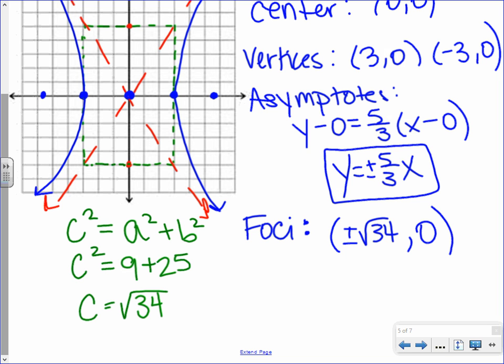Sure makes it nice when the center is the origin. A lot of similarities between hyperbolas and ellipses, which is why we're doing them back to back.